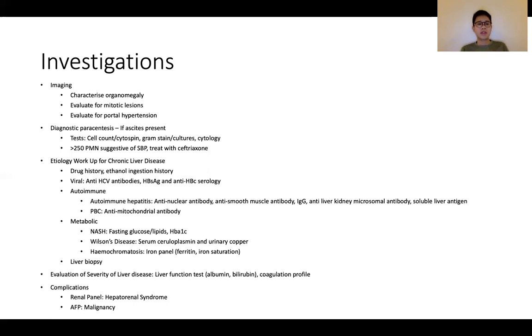Then for patients with chronic liver disease, you want to work up the etiology. So this lists the relevant investigations with consideration of liver biopsy if, let's say, a cause cannot be established. You want to evaluate the severity of the liver disease based on Child-Pugh, and finally evaluate for other complications such as malignancy and hepatorenal syndrome.